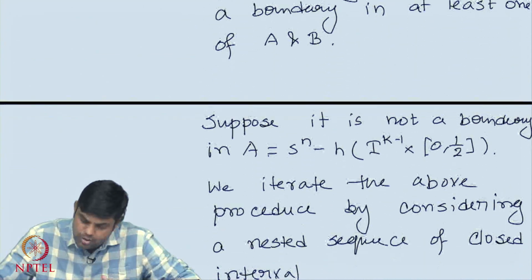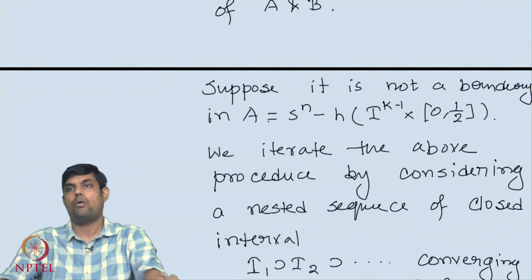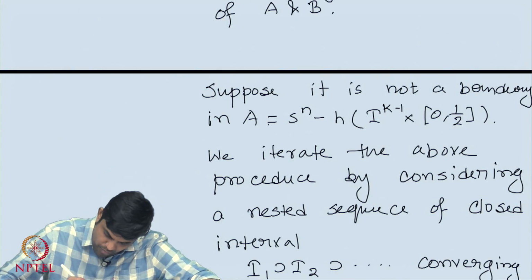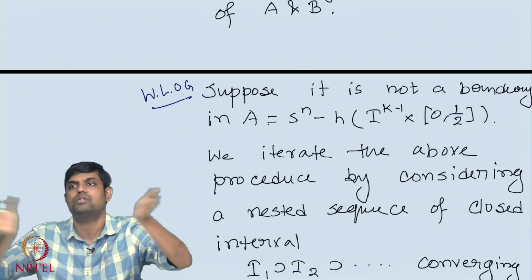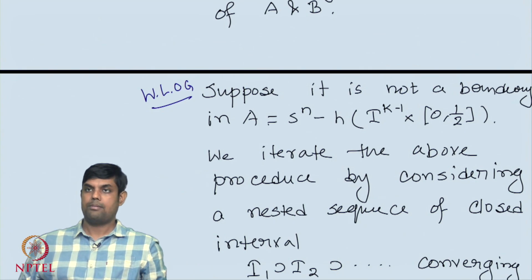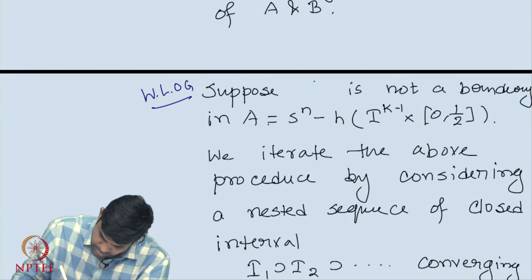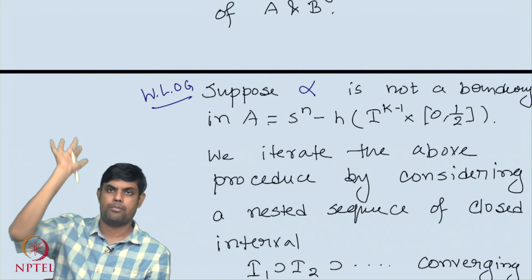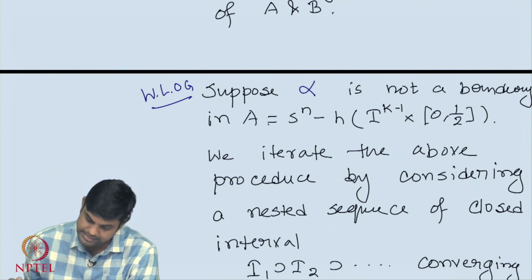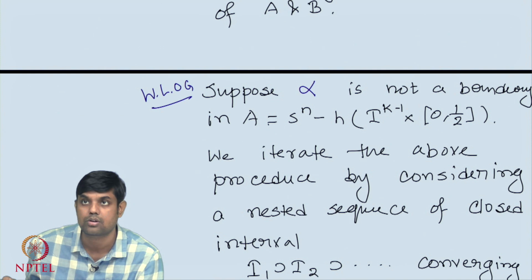Without loss of generality, suppose alpha is not a boundary in the first component A, which is S^n minus H_{k-1} cross 0 to half.